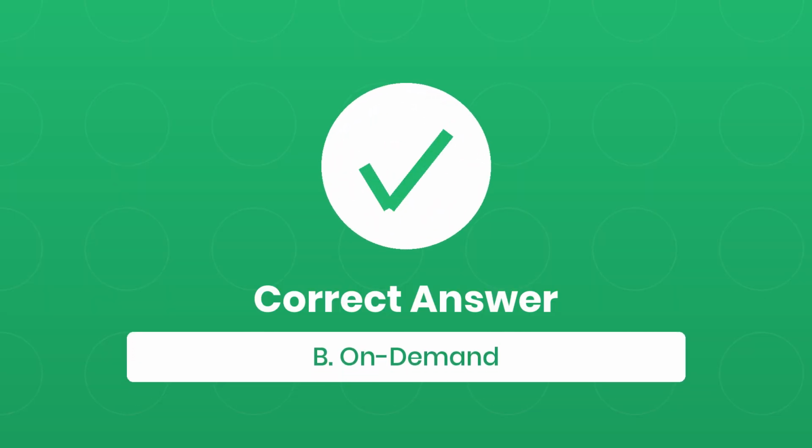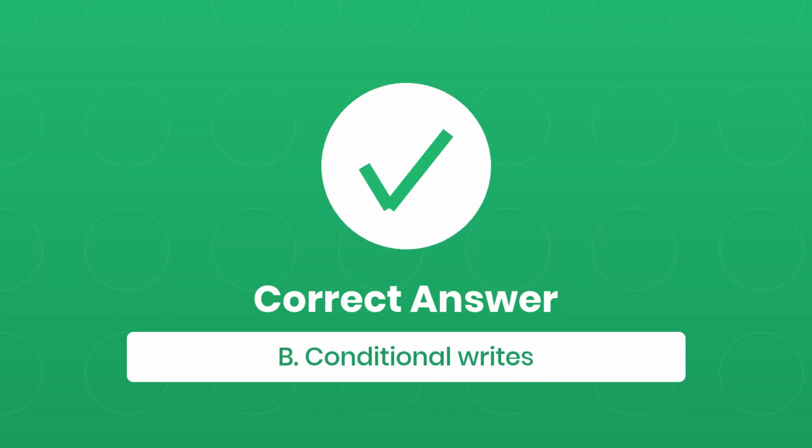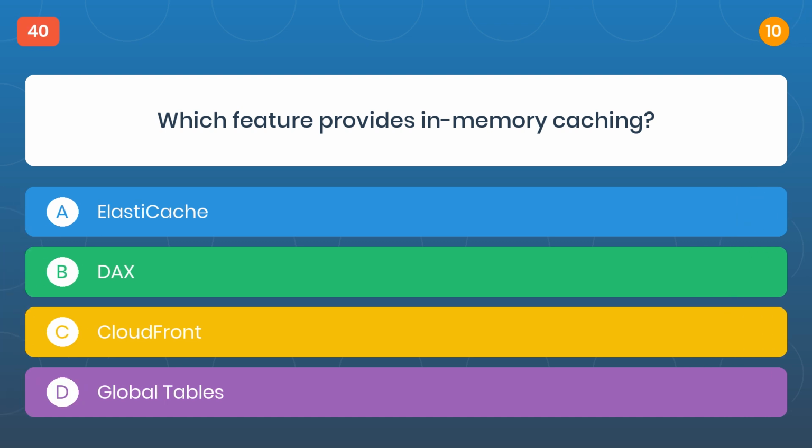The correct answer is B, on demand. Question 39. What is the purpose of condition expression? The correct answer is B, conditional writes.